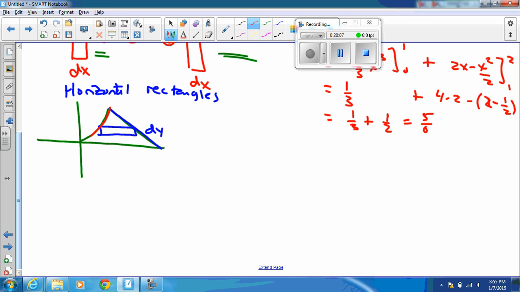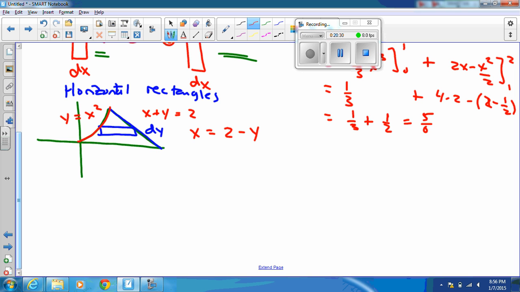The width of each rectangle is going to be right curve minus left curve. In other words, it's going to be this curve minus this curve, and that's true all the way up, so that I have only one integral to evaluate. Well, what is the right curve? What is the left curve?